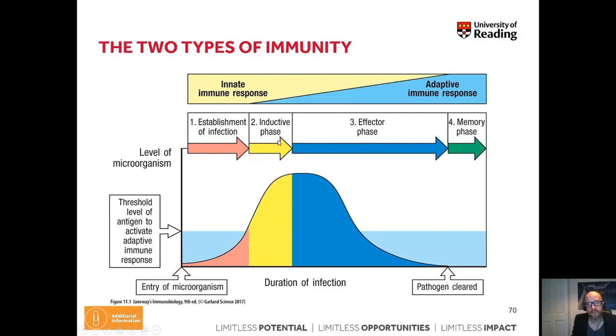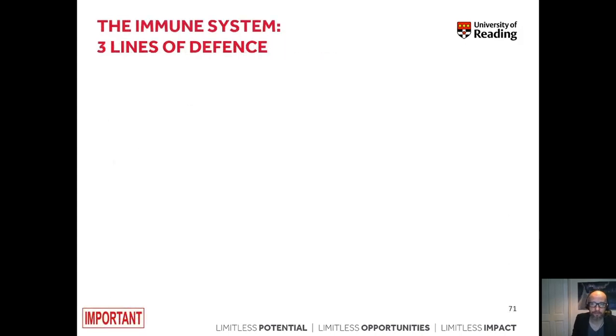After the inductive phase is completed, the adaptive immune system kicks in within the so-called effector phase. After the effector phase is complete, we have the so-called memory phase, but this is something quite specific for the adaptive immune system we are going to be learning more about next week.